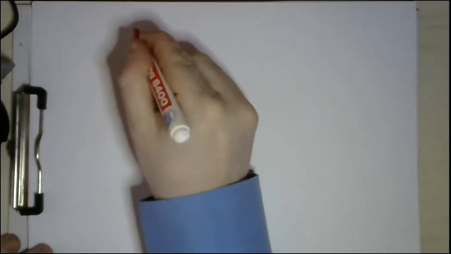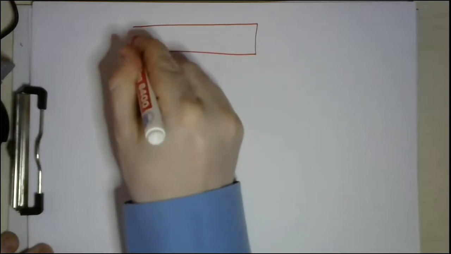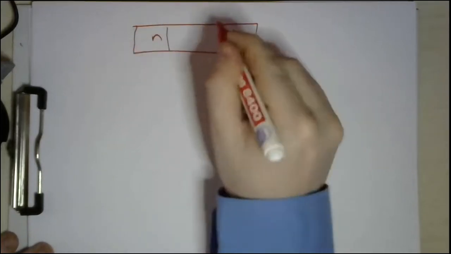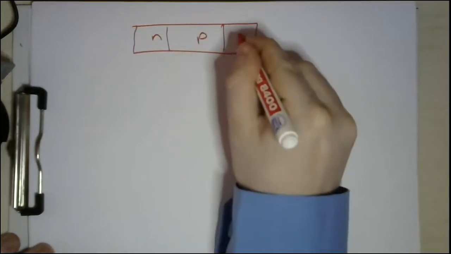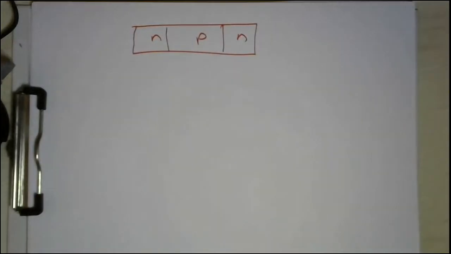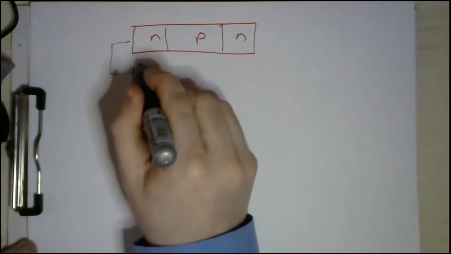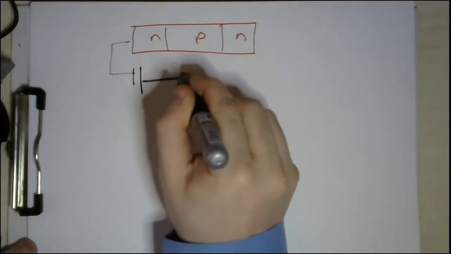So now we have our junction. This is N, P, N. We need to make it work in the active mode. Active mode means that this junction is connected in forward bias.